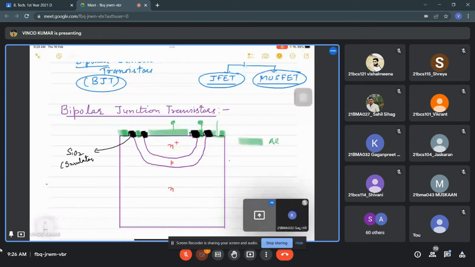So we have this contact that is called as collector. This is called as base, and this is called as emitter.